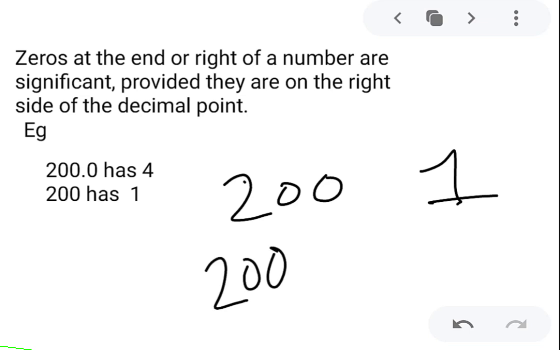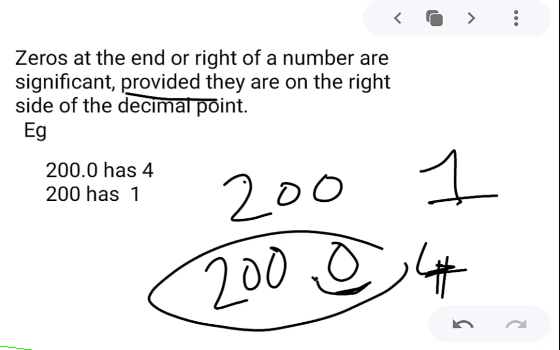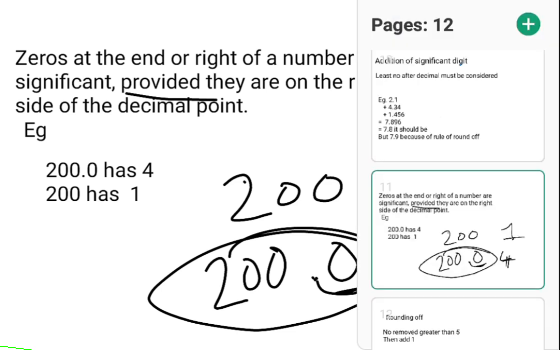If I write 200.0, right? Is it so? Because zeros at the end or right of the number are significant, provided, see the condition, provided they are on the right side of the decimal. If any zero is on the right side of the decimal, then the whole thing should be considered as significant.